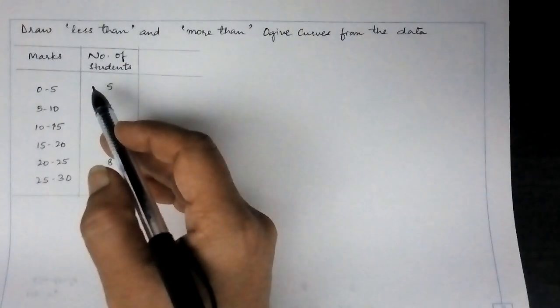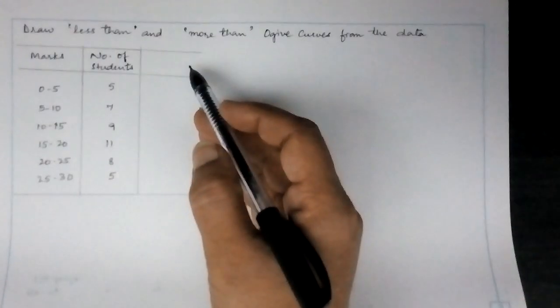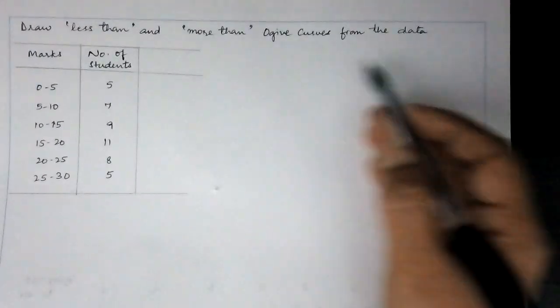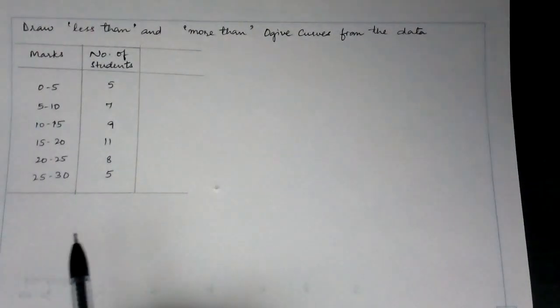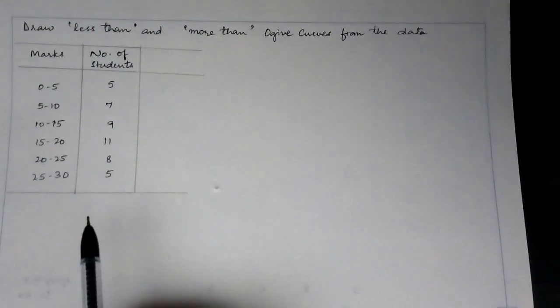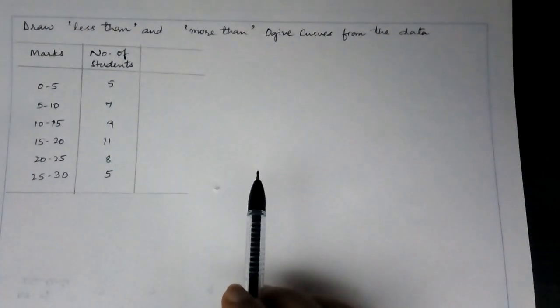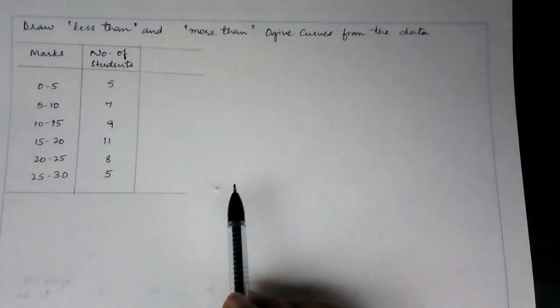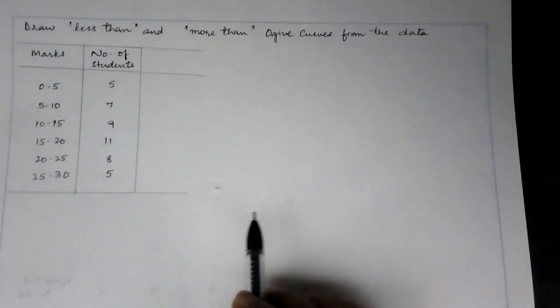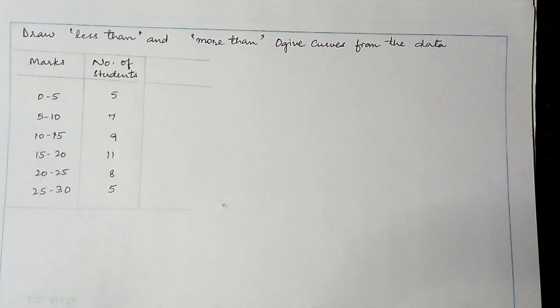Here we have the question: draw less than and more than ogive curves from the data. So here I am taking only one particular question or data, and we are going to draw both less than and more than ogive curves from this. Okay, so what do we need in the first stage is to write down the title.